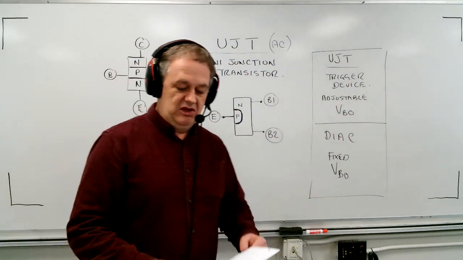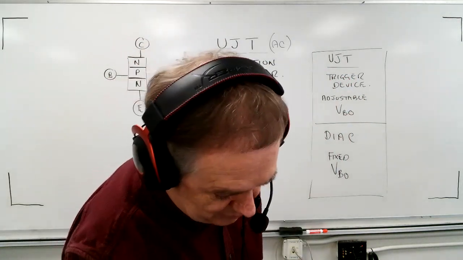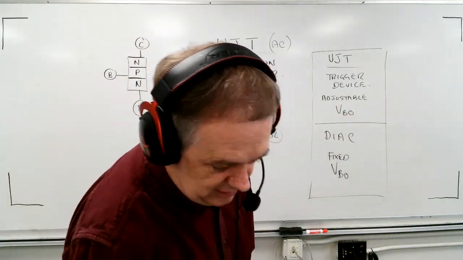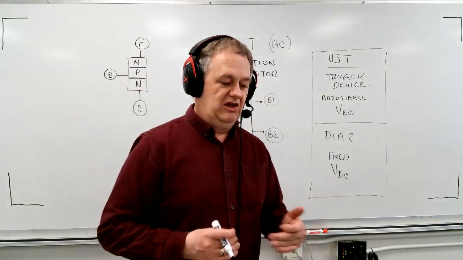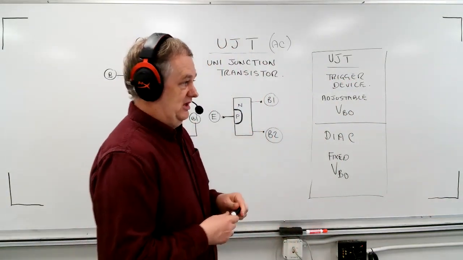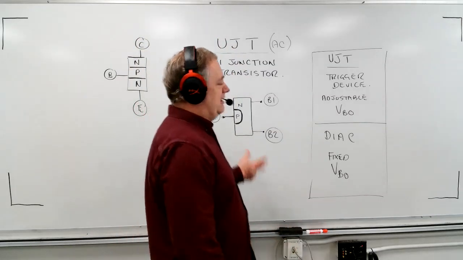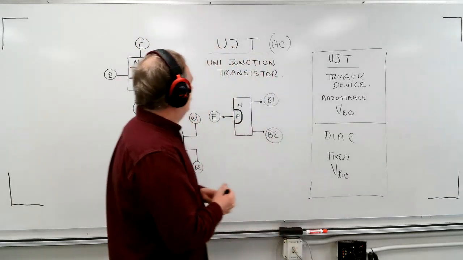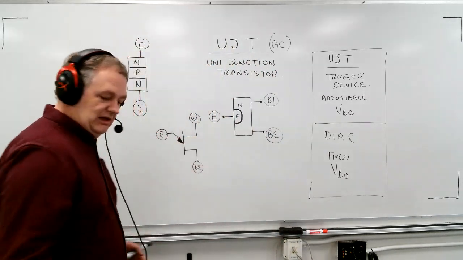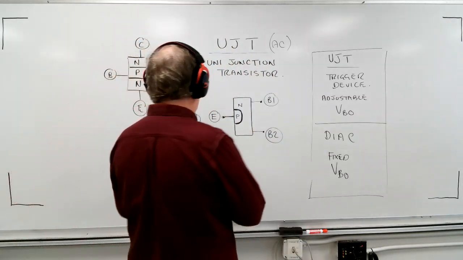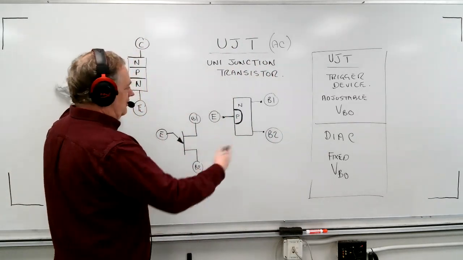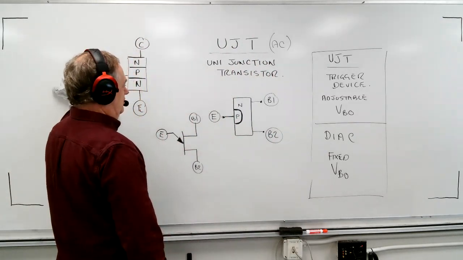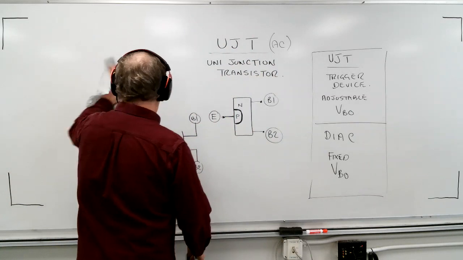So this would probably be used in circuits that are a little more elaborate, where you need to be able to compare and make adjustments in some particular part of your circuit. Then a UJT is going to be the thing that you use in that case. Not really a lot to say about that, but I did want to show you the comparison between the two trigger devices that we looked at.